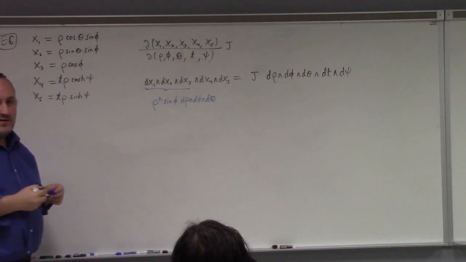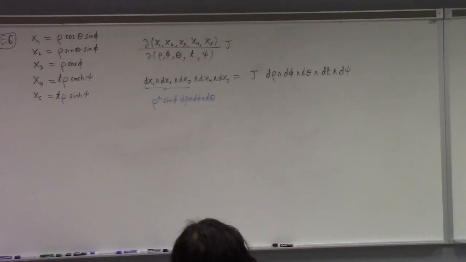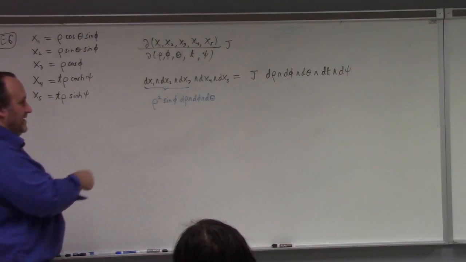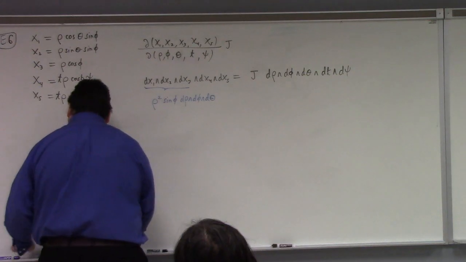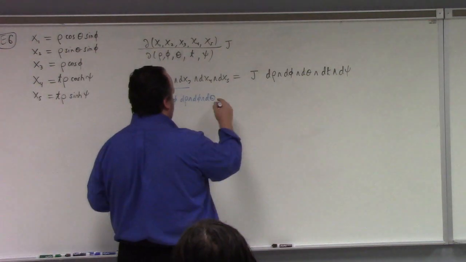We worked that out yesterday, using polar coordinates as a backdrop, so we didn't have to do the 3x3 determinant calculation. Now this one's going to be unpleasant, because I just made it unpleasant.